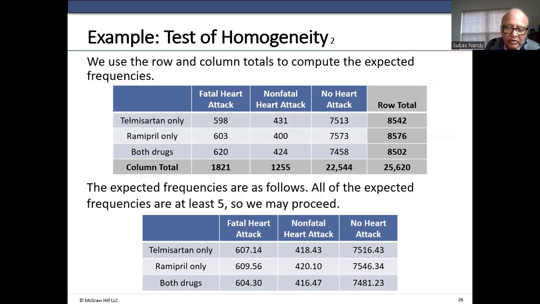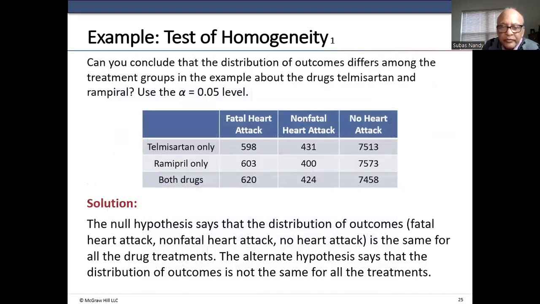Now we go to stat, highlight test. Okay, so remember the null hypothesis, the outcomes are the same for all the treatments, and outcomes are not the same for all the treatments, the alternate. Okay, then the distribution of outcomes is the same for all the drug treatments, alternate the distribution of treatments not the same.